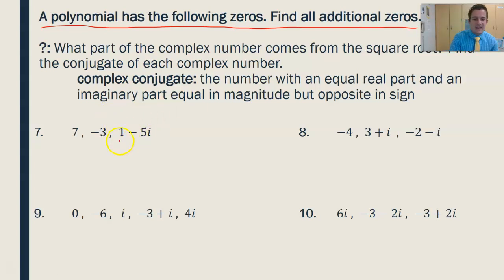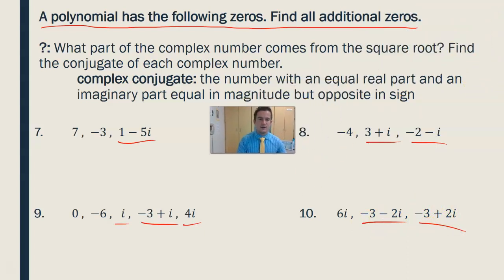But if I'm given a complex zero or a complex solution to a function, I know from what I mentioned earlier that anytime you have a complex solution, there is automatically going to be 2 of them. They will be conjugates of each other. They will be opposites of each other.